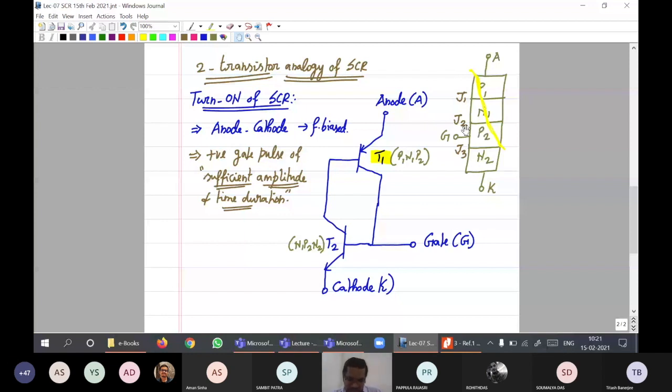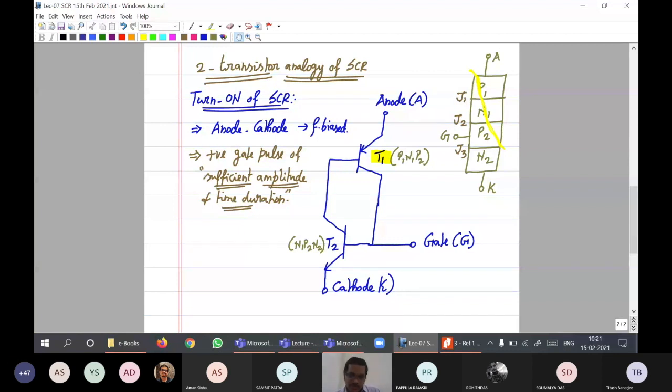Next, sufficient amplitude. For turning on the N1, P2, N2 transistor T2, the gate terminal forms the base of this transistor, and the base signal must be of reasonable amplitude.